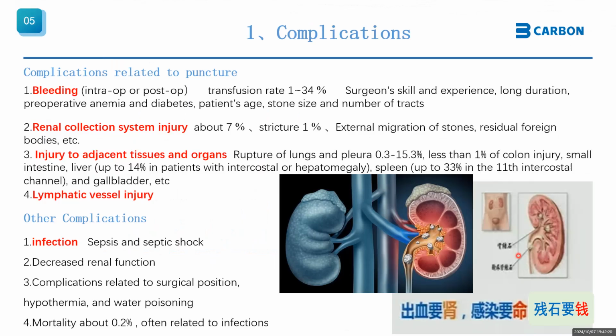It's related to the surgeon's skill or experience, operation time, preoperative anemia and diabetes control, the patient's age and the stone size, the number of tracts, something like that. So for a very experienced doctor, we take a very short time.